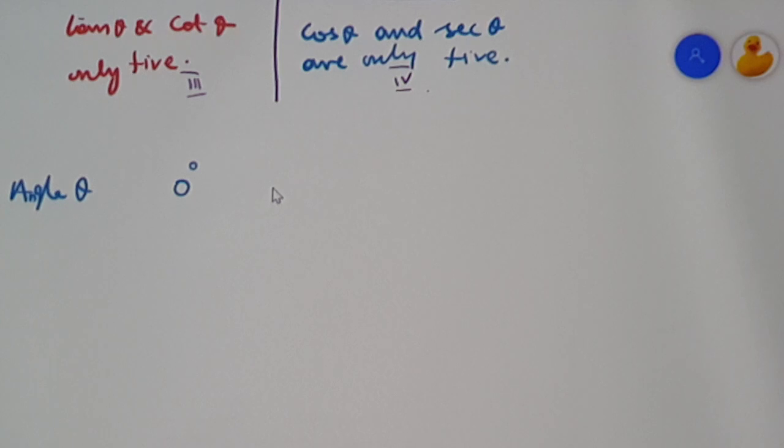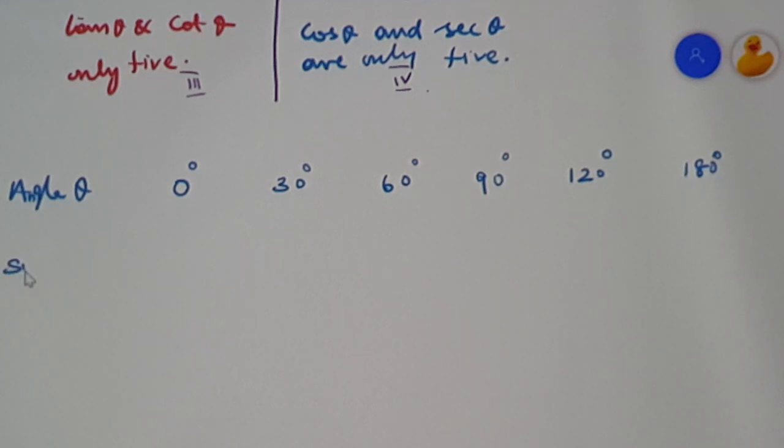Theta's values are 0, then 30 degrees, then 60 degrees, then 90 degrees, then 120 degrees, and 180 degrees. What are the different values for sine, cos and tan? So sine theta, cos theta, tan theta. I am getting the values.